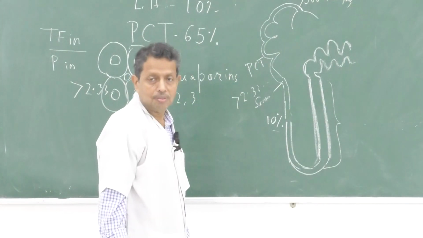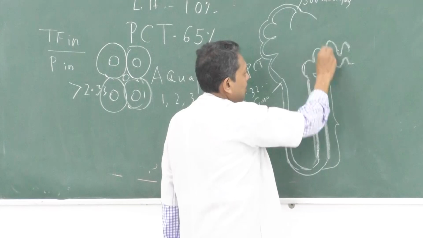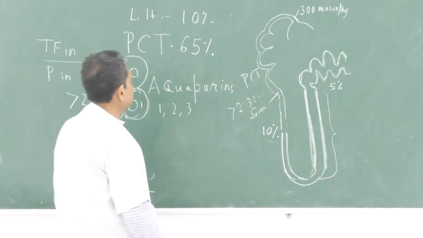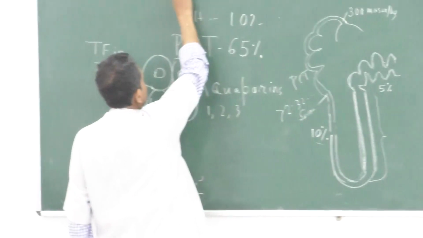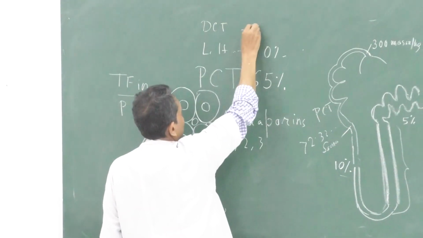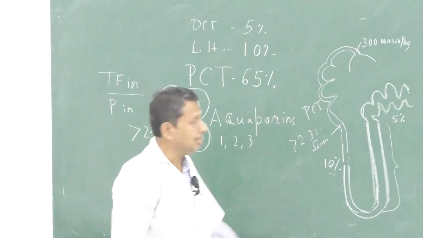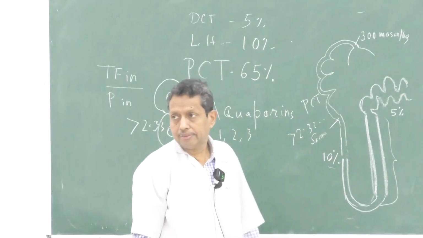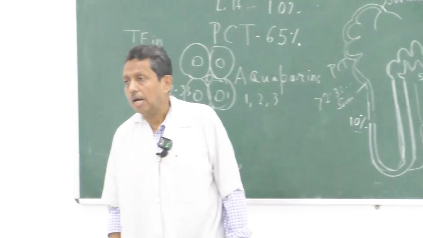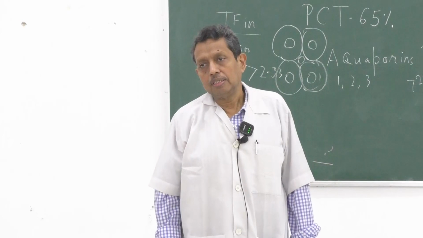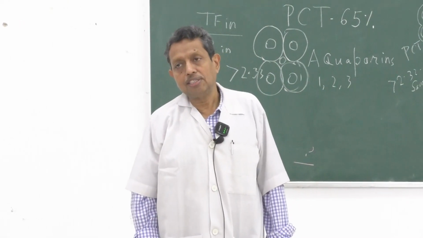Here 5% of water is reabsorbed. Distal convoluted tubule, 5% is reabsorbed. It is relatively less permeable to water, and because of its length, 5% of the filtered water is reabsorbed.